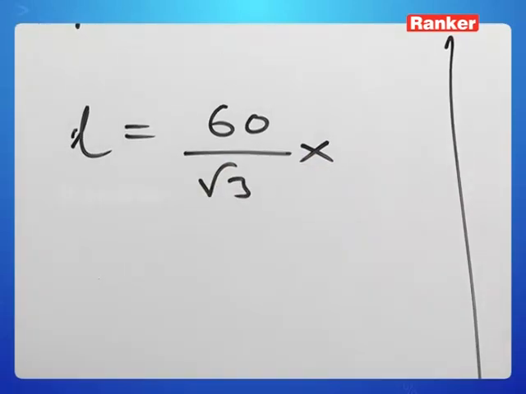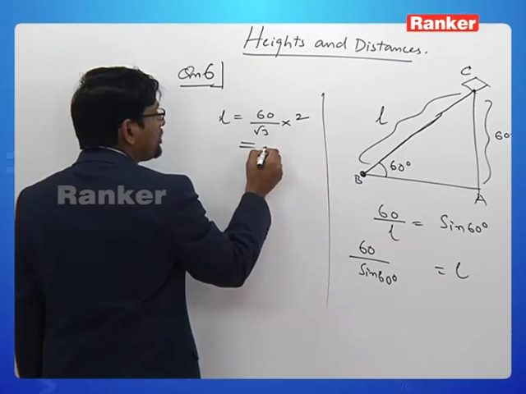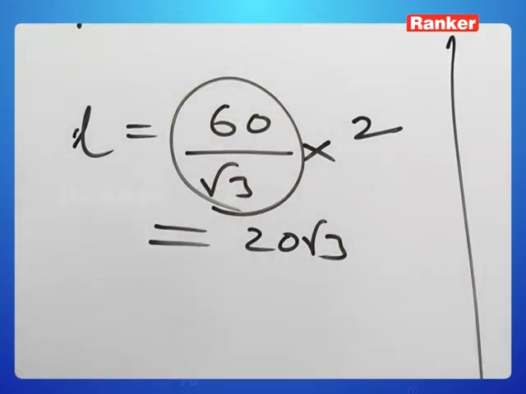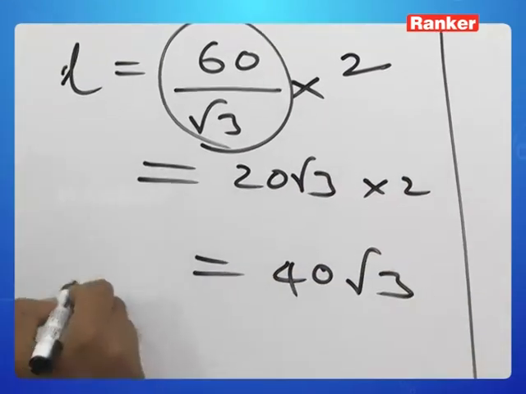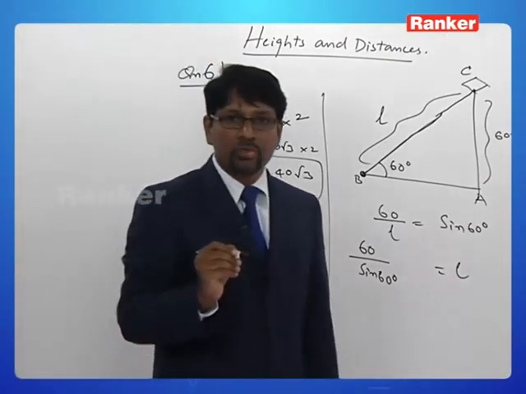So I can write it into 2. That makes it 20 root 3. 60 by root 3 is 20 root 3 into 2. So that makes it 40 root 3. So L is 40 root 3. So the length of the string is 40 root 3.